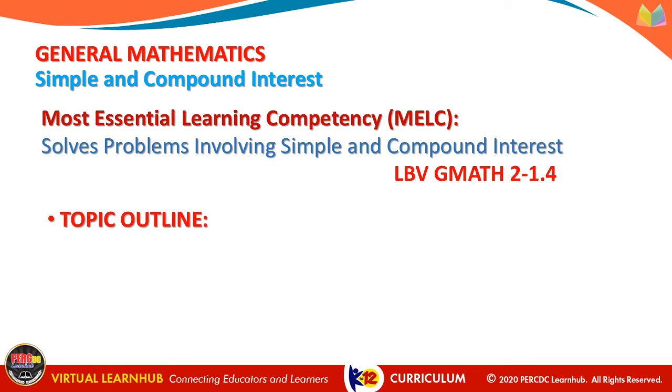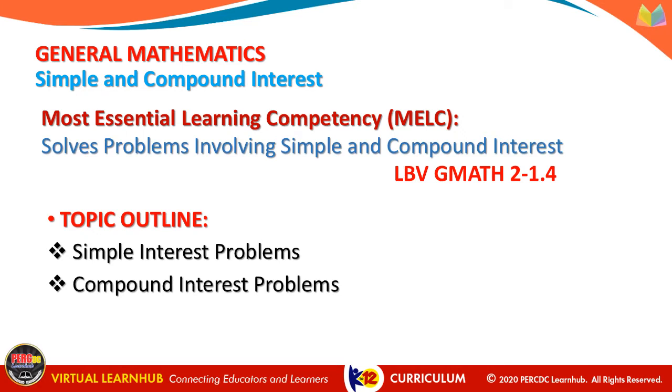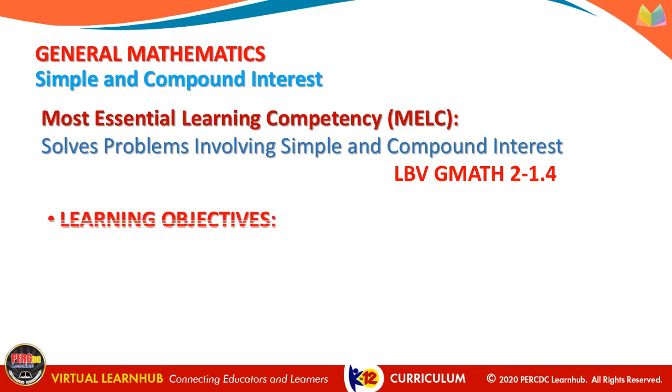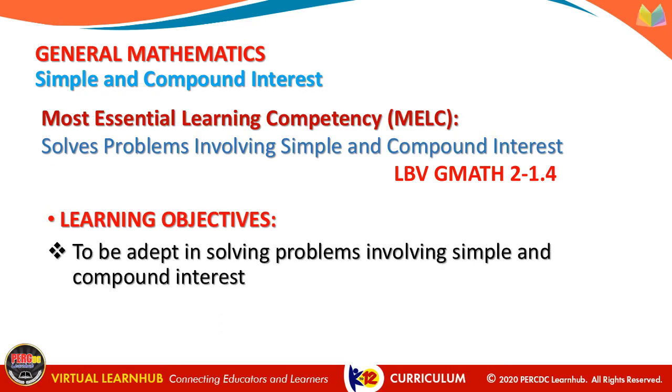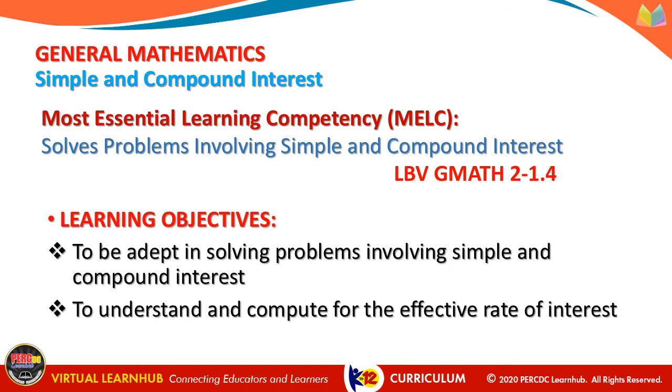For the topic outline, we have simple interest problems, compound interest problems, and effective rate of interest. In line with the MELC, our learning objectives are to be adept in solving problems involving simple and compound interest, and to understand and compute for the effective rate of interest.